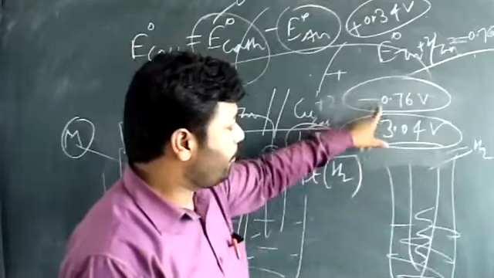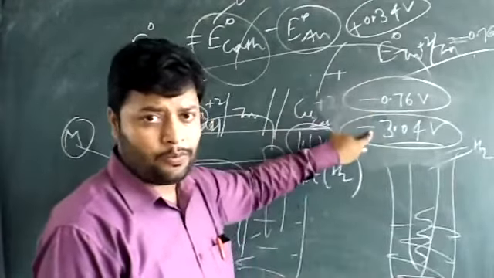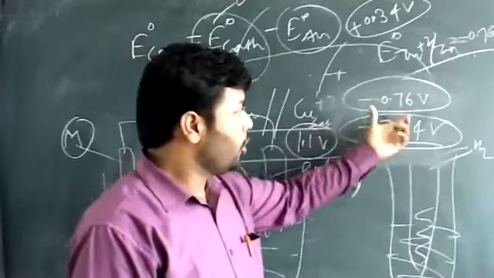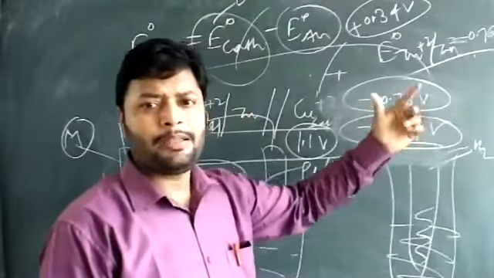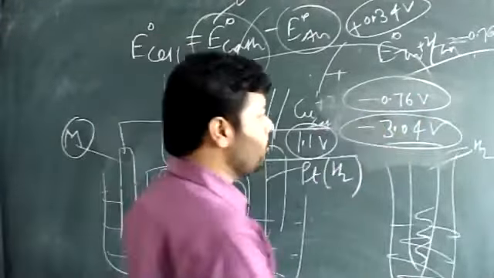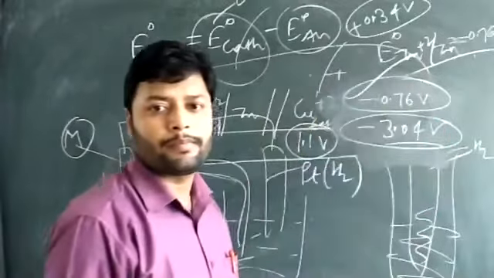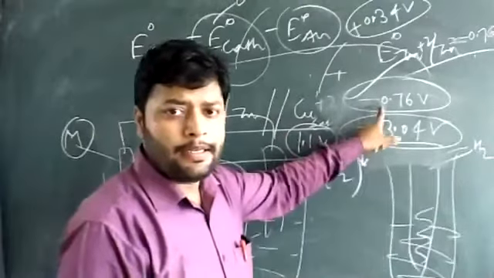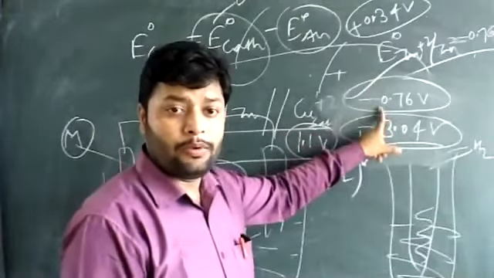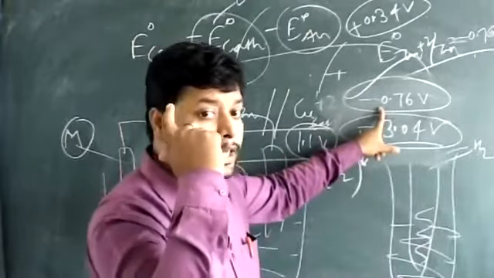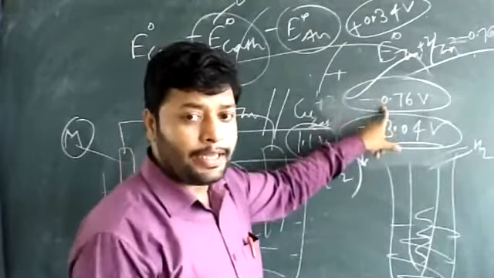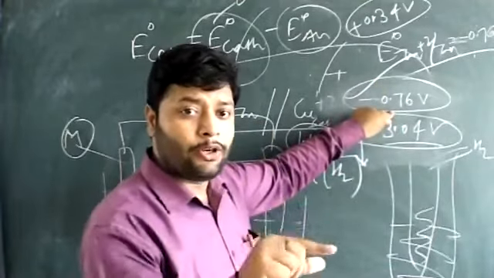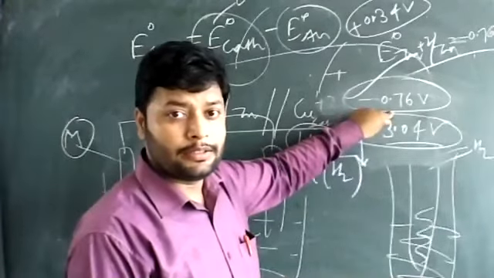You can see both are reduction potential values. Both are in negative sign. Mathematically, low negative means higher value. So this one is higher. This one is lower. Higher reduction potential value will act as cathode. Remember it. Higher reduction potential value acts as cathode. At cathode, there is reduction.